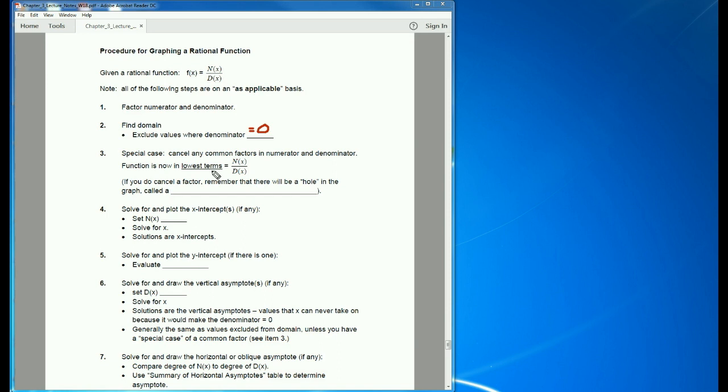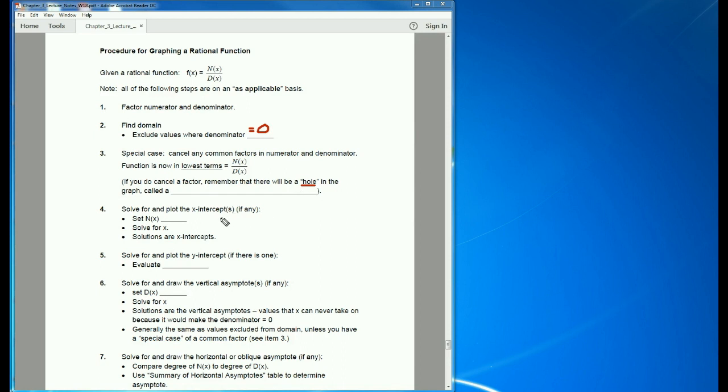However, if you do cancel a factor, remember that there will now be a hole in the graph, and that is called a removable discontinuity. So you have to remember to go back and put that hole in the graph, that open point.